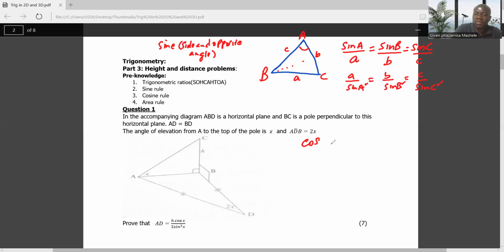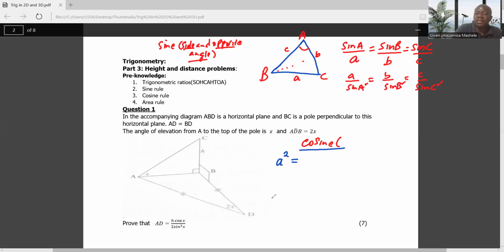The same applies with cosine rule. If you're using cosine rule, you must also consider the sides and their opposite angles. How do we use cosine rule? It's straightforward. Cosine rule comes in three equations from the formula sheet, and it only depends on what you are looking for. If you look at the sides, let's say we start with side a. You have to square side a, so this will be a squared equals.